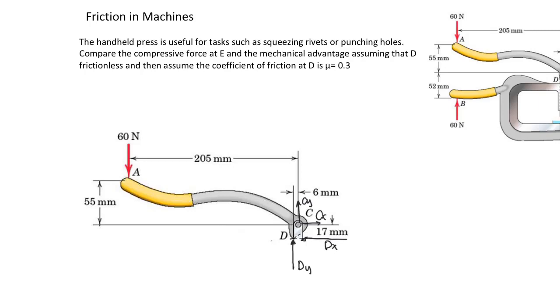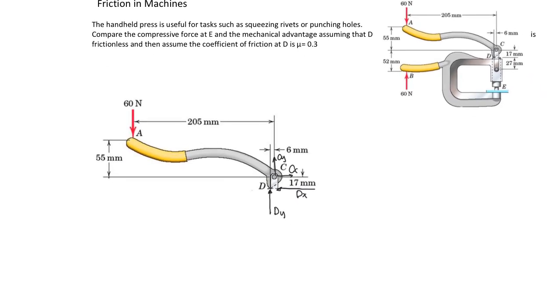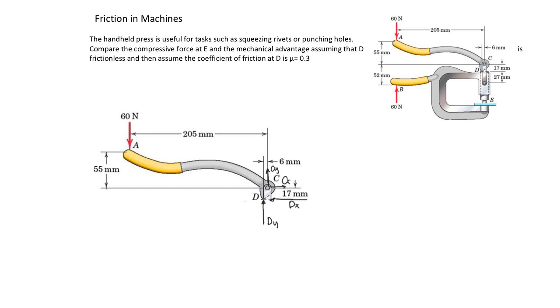Okay, what we're looking for is the pushing force downward. Let me zoom out here, and we'll say the sum of the moments about C might give us some indication. So the sum of the moments about C is equal to 0. Here I have 60 times 205 in millimeters, minus Dy, which has a lever arm of 6 millimeters, minus Dx.